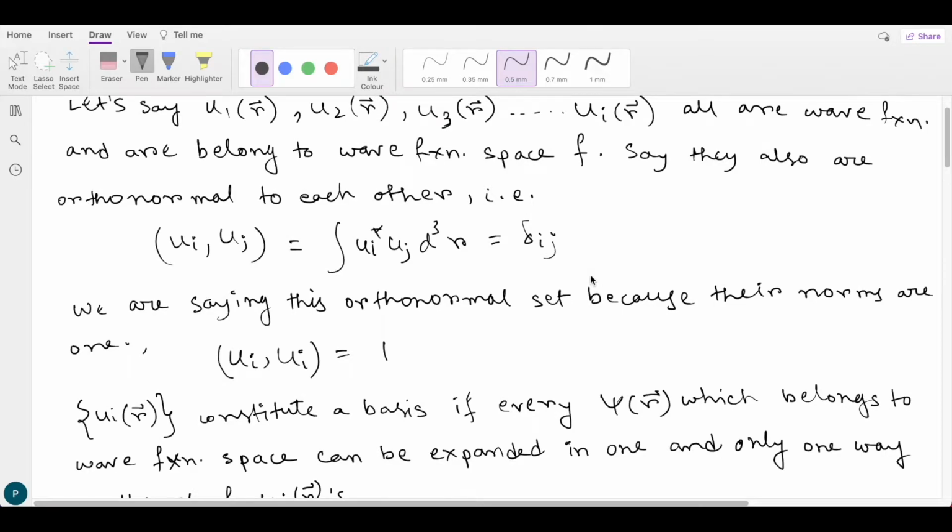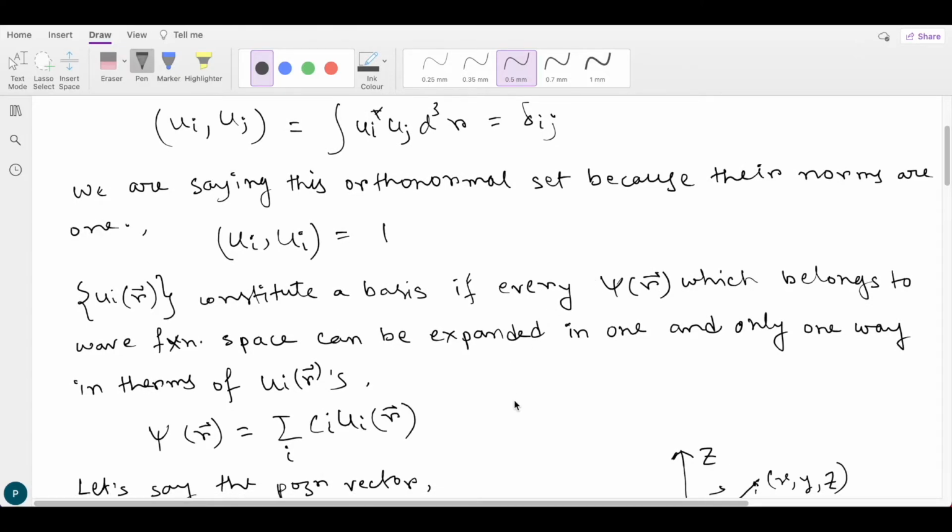In the previous class we had discussed that if the scalar product or the dot product of two wave functions is 0, then they are orthogonal to each other. And we also discussed that the square root of the scalar product of a wave function with itself is known as norm. So these ui are the wave functions such that they are orthogonal to each other and their norm is 1.